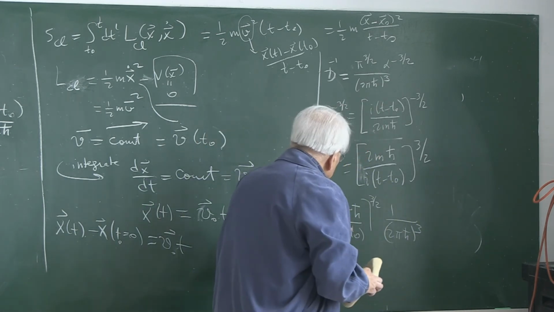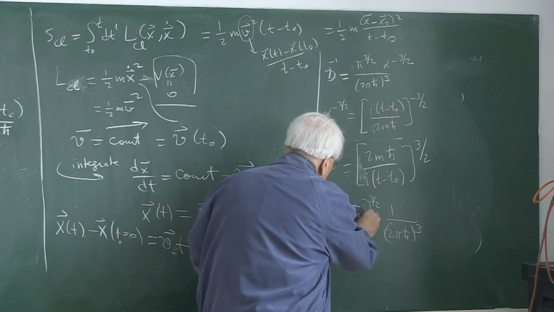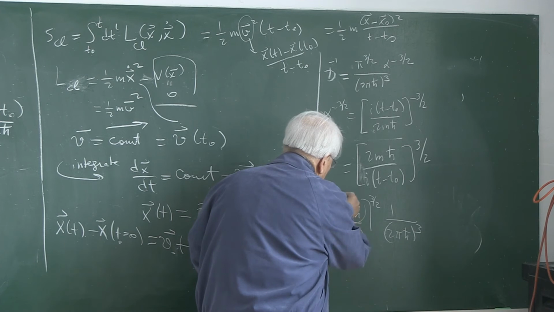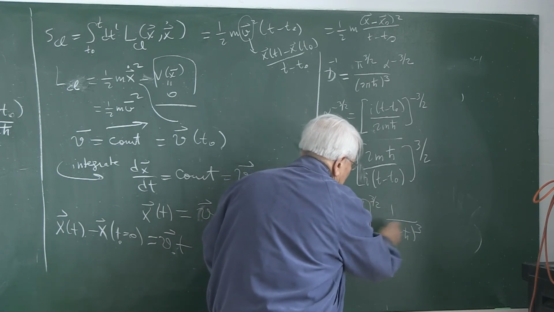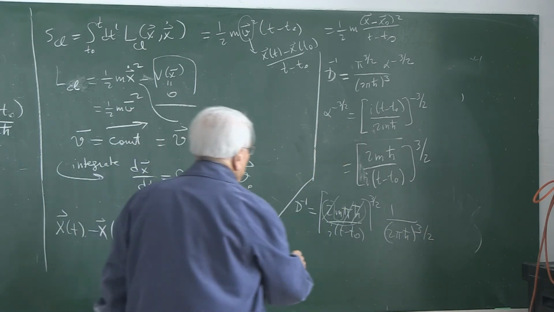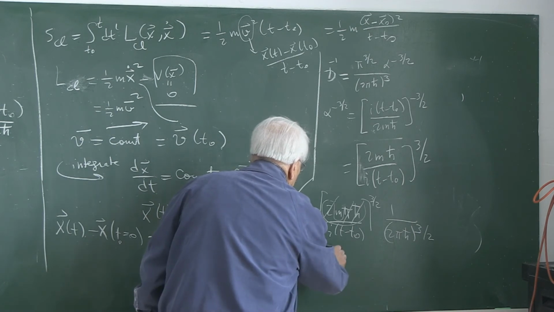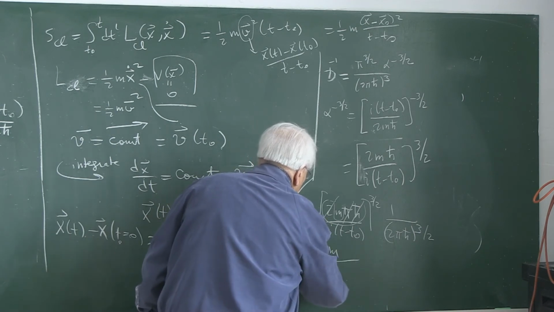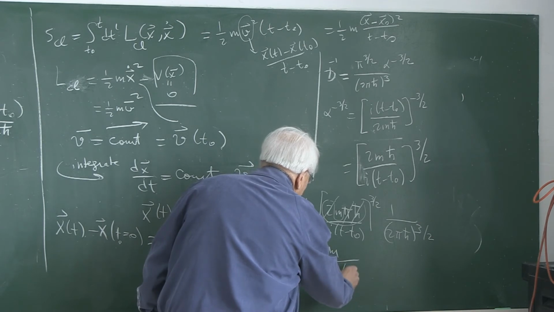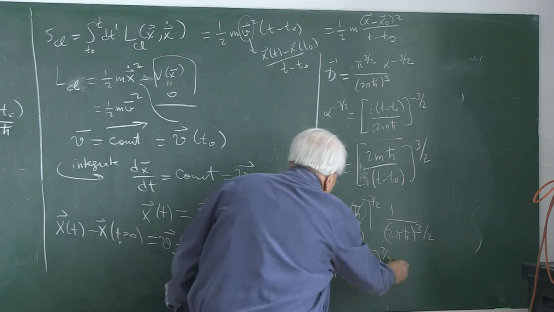There is a 2 pi h bar to the 3/2 in here. Notice this one, and if I cancel that, put the 3/2 in here. So finally, I have the following expression: m divided by 2 pi h bar i (t minus t0), to the 3/2.